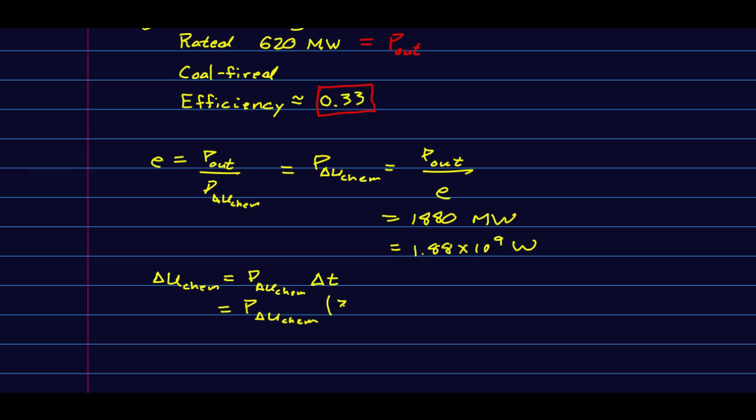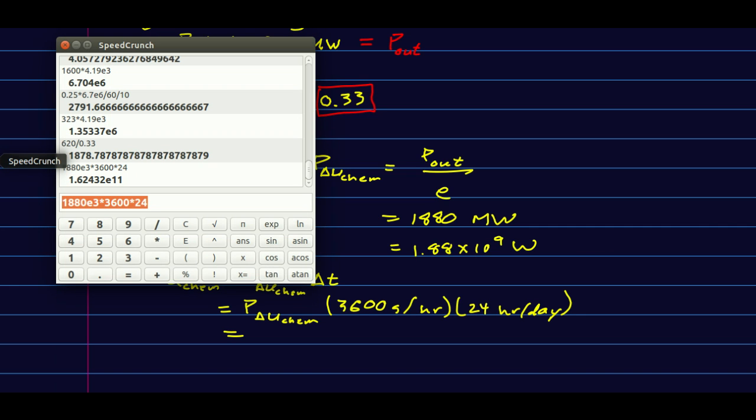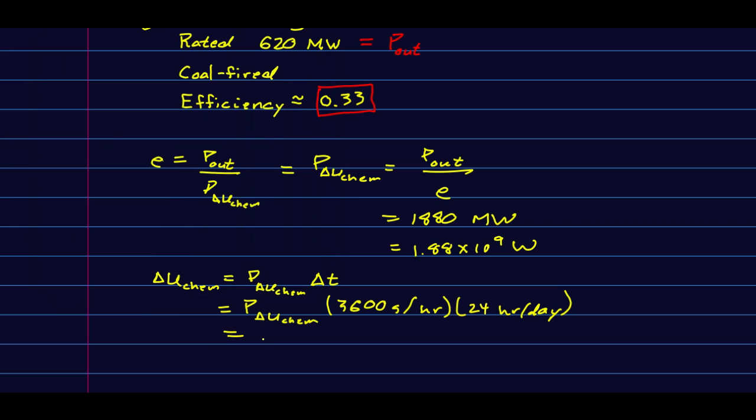So that's 3,600 seconds per hour, 24 hours per day. And if you multiply that all out, you get about 1.6 times 10 to the 14 joules, which if you now look up how much energy is in a kilogram of coal, say, you can work out how much coal the Lingan power plant has to burn if it runs at peak output.